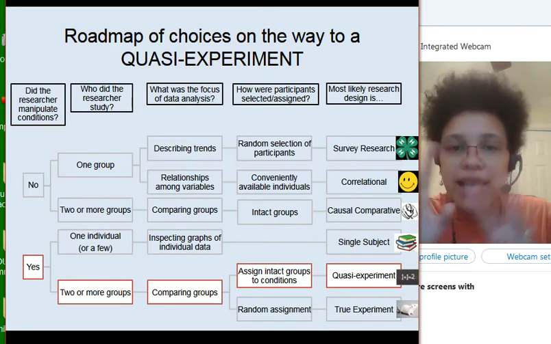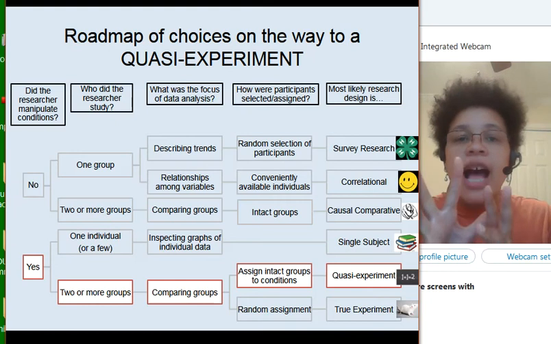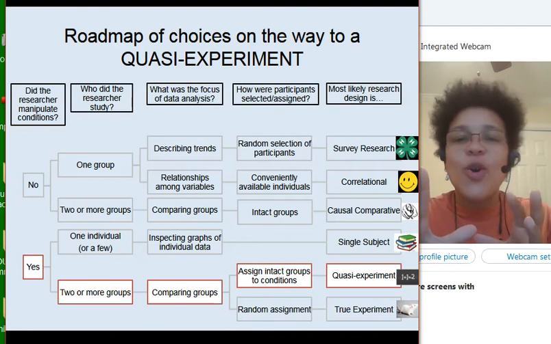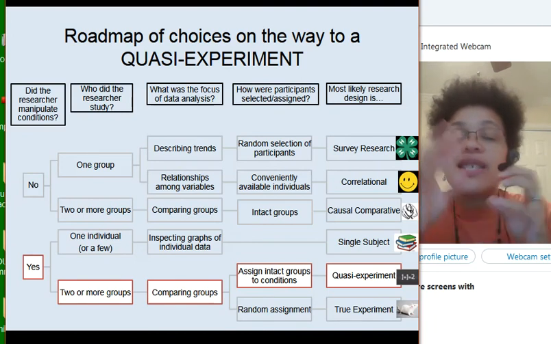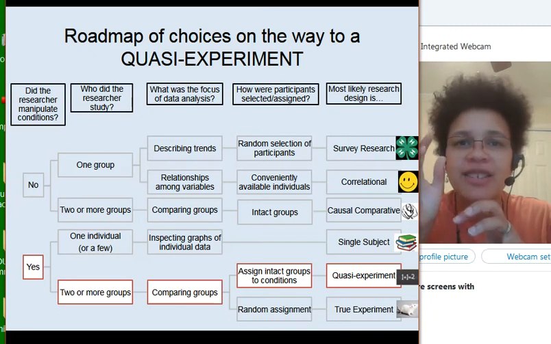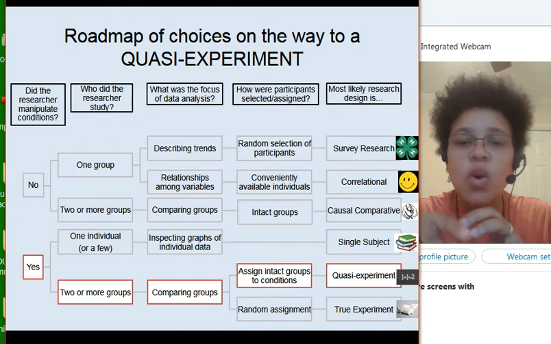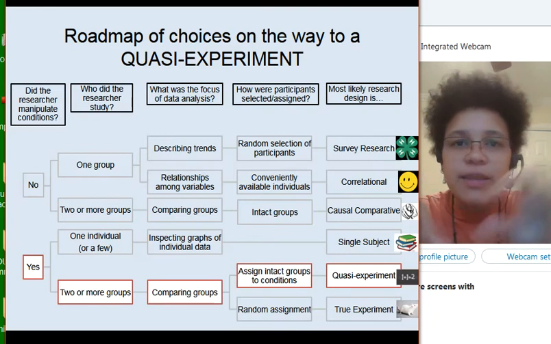And she also randomly assigned rats to whether or not they were going to have the option of running on a wheel or being more sedentary. If I read it right, she assigned them to whether they were going to be in a cage with a wheel, or in a cage with no wheel. So she assigned them randomly to these different groups.